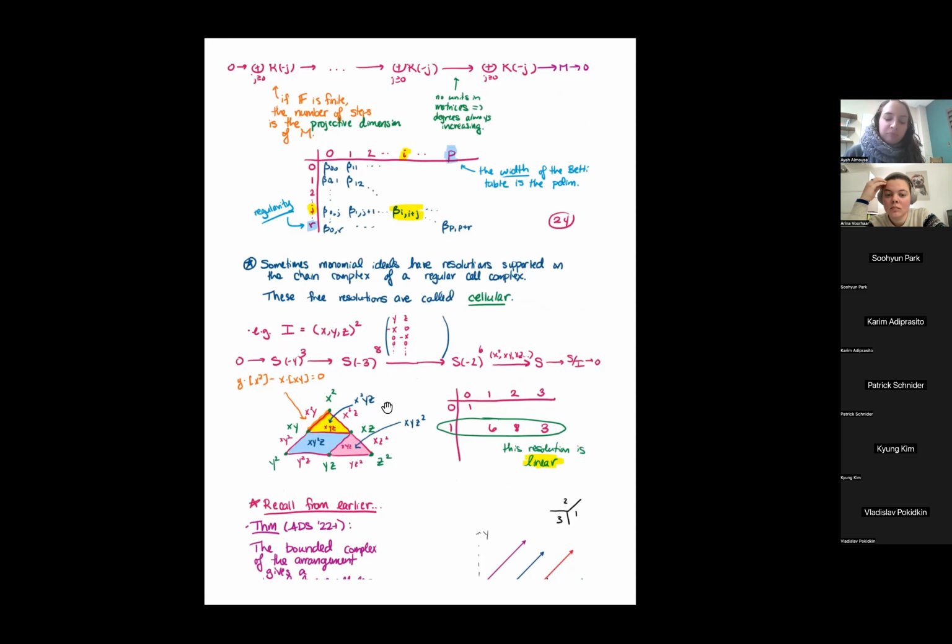But sometimes you can still say how complicated your ideal or module is by giving information about how bad the projective dimension or the regularity can be. Often these are both viewed as measures of how complex your ring or module are, right?